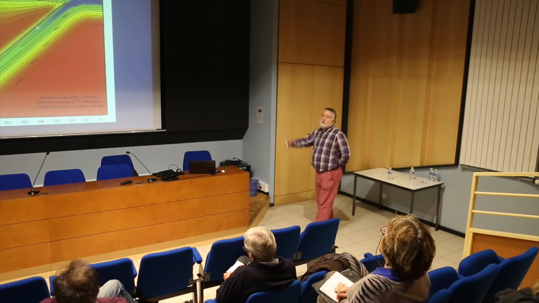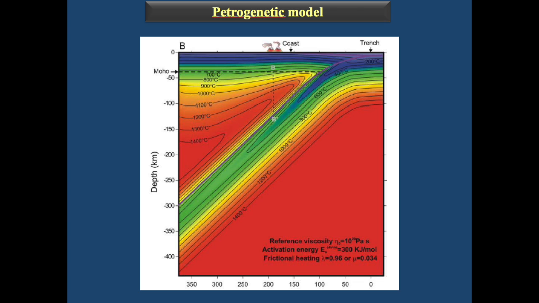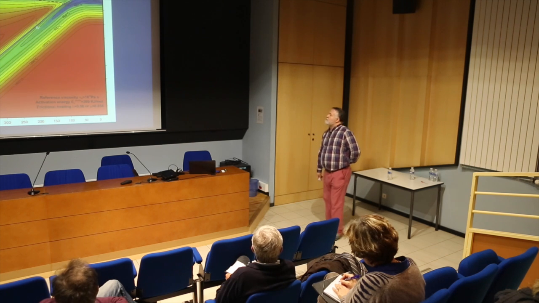And this is what we see generally in this kind of diagram, where we see the isotherms here, and the cold slab entering into the mantle. So subduction of oceanic crust corresponds to introducing cold basalt into a warm mantle. So the geothermal gradients along the Benioff plane here are very low due to these relationships.